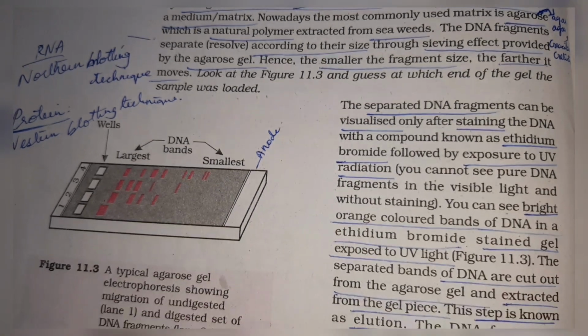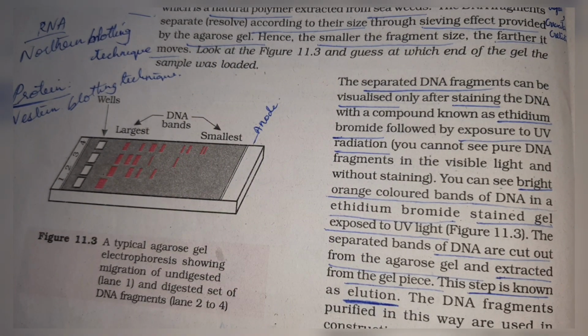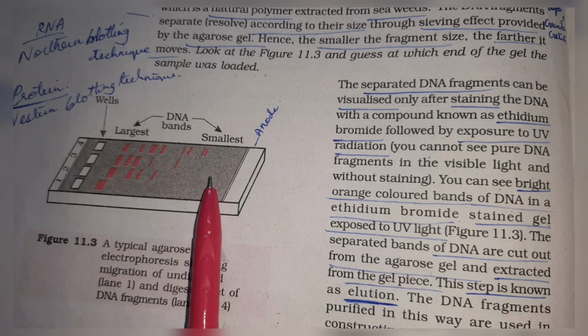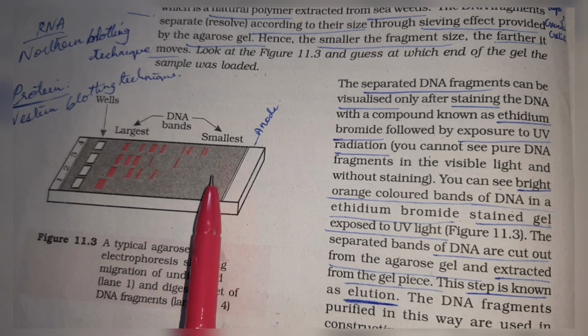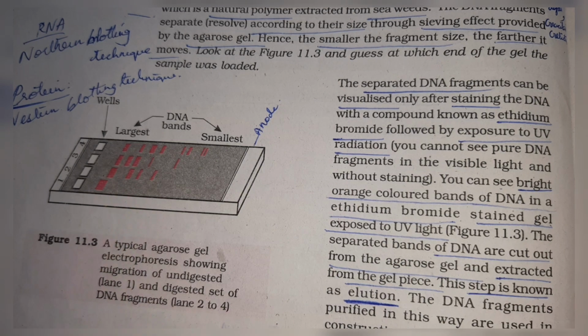This is a typical agarose gel electrophoresis showing migration of undigested and digested DNA. You can see the smallest one here, the largest one cannot travel most of the distance. The smallest one will be located near the anode and the largest one will be left behind.